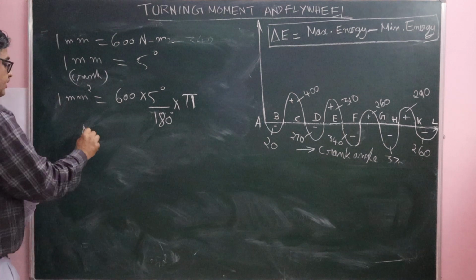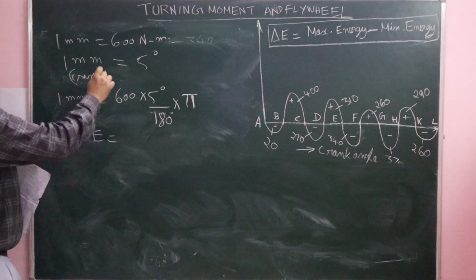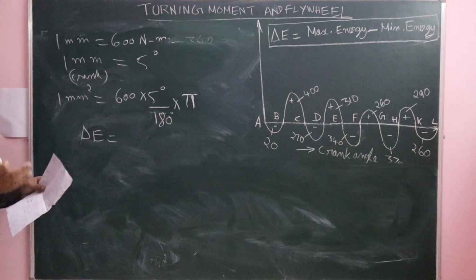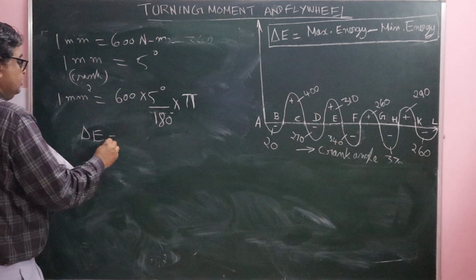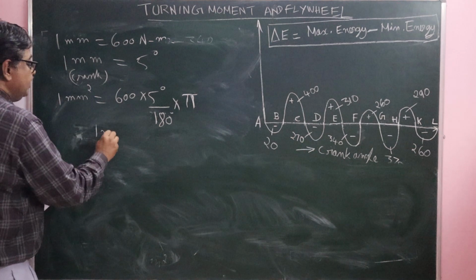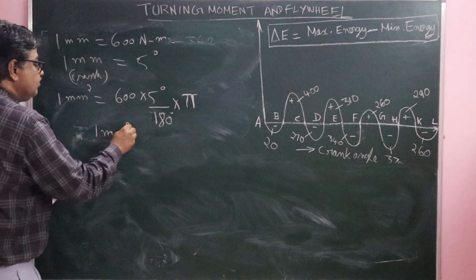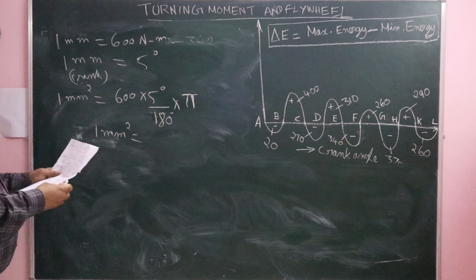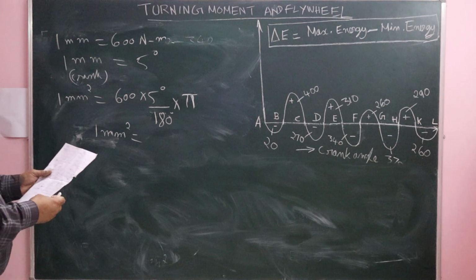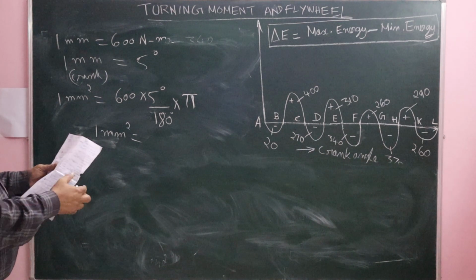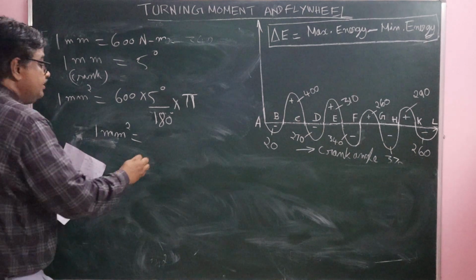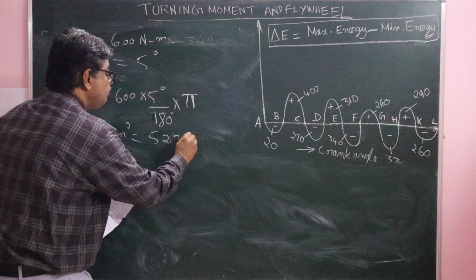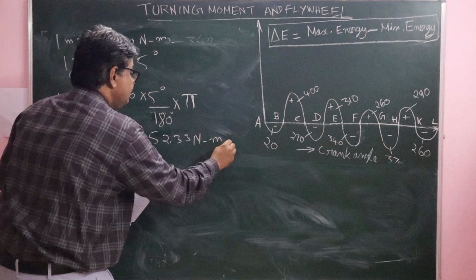Therefore, del E is equal to maximum fluctuation of energy here according to the given data. So, 1 millimeter square is equal to 52.33 Newton meter.